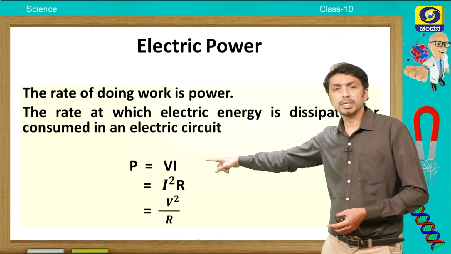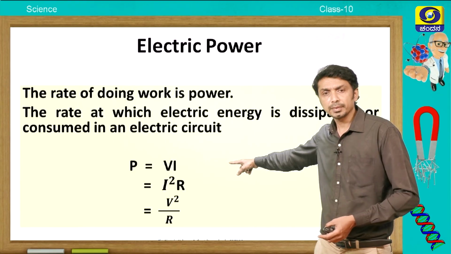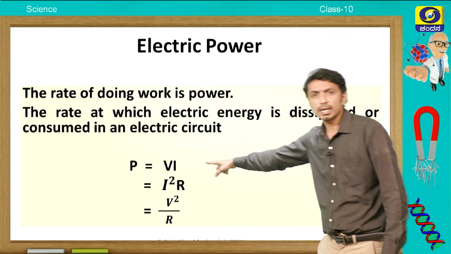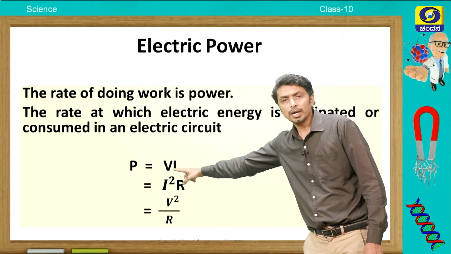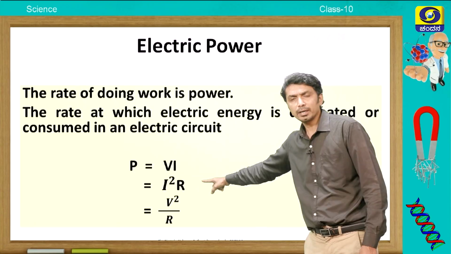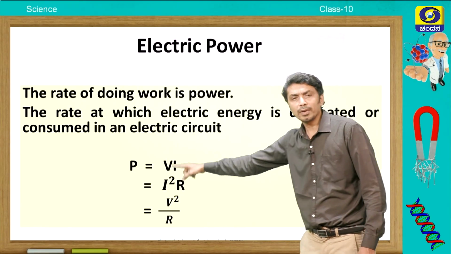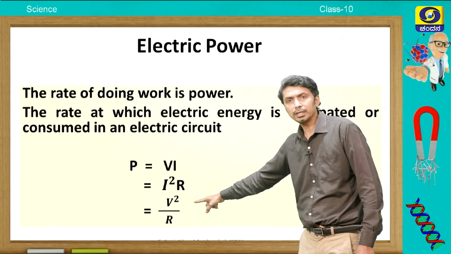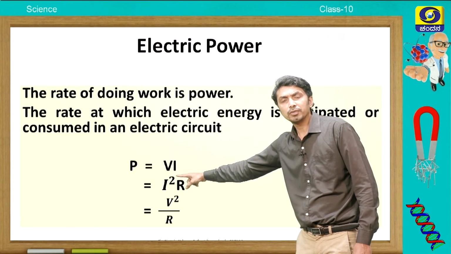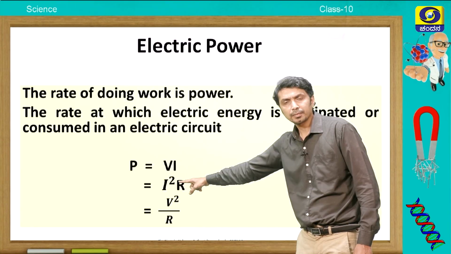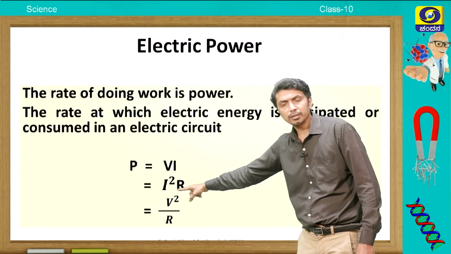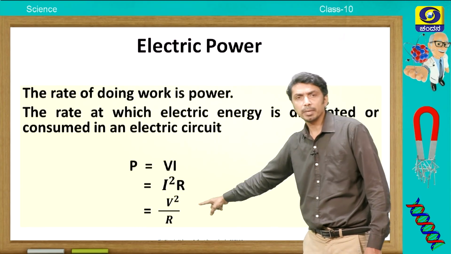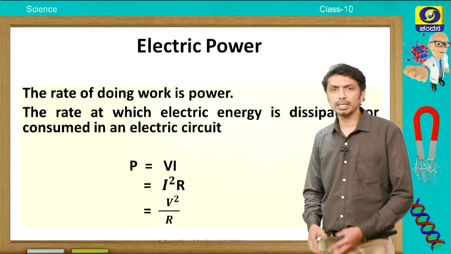As you can see, P is equal to VI, that is equal to I squared R. V means IR by Ohm's law, so IR into I means I squared R, and also the power can be symbolized as V squared by R. Why? Because I means V by R by Ohm's law. So V squared by R squared, if we substitute, R and R get cancelled, we get V squared by R. P is equal to V squared by R.